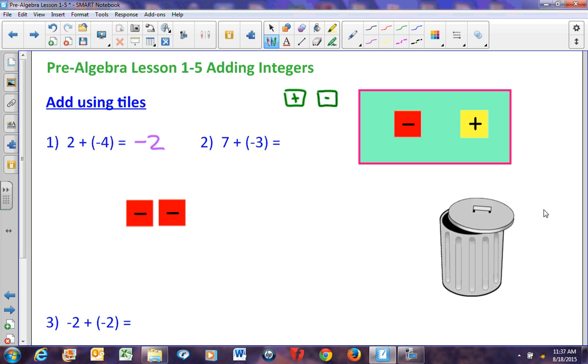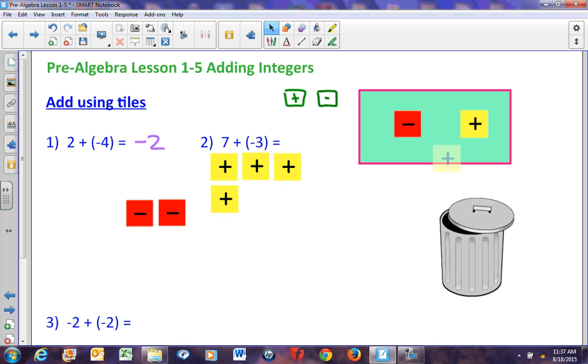Now look at problem number 2 here. I have a positive 7 and a negative 3. So I have 1, 2, 3, 4, 5, 6, 7, and a negative 3: 1, 2, 3.